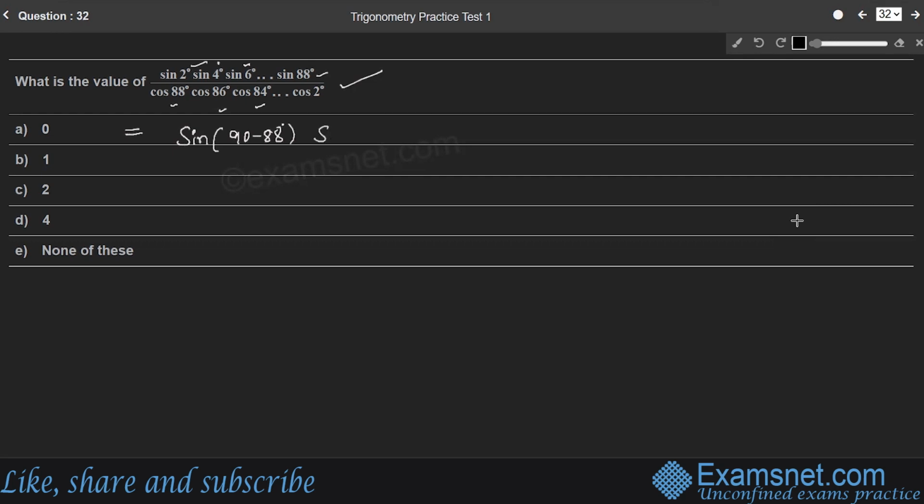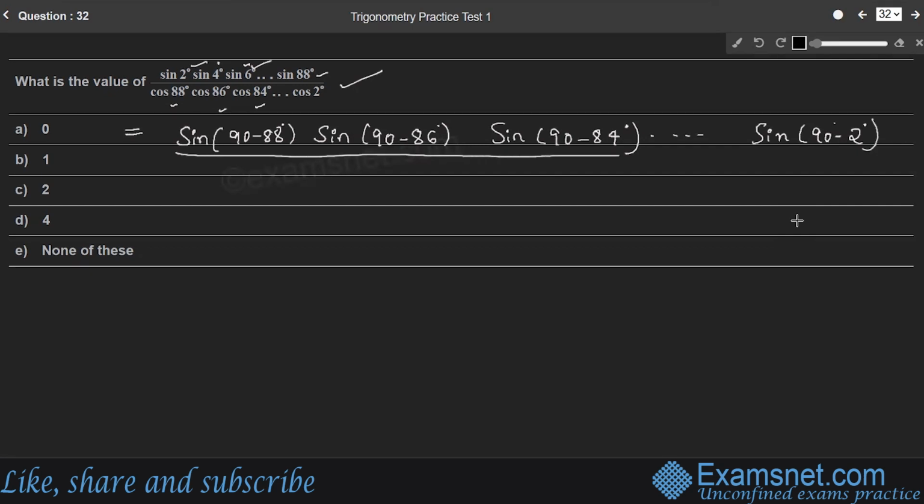Whereas sine 4 degree can be written as sine 90 minus 86, right? Whereas sine 6 degree can be written as sine 90 minus 84 degree, right? Like that we can write sine 2, 4, 6, 8 in terms of 90 minus theta. So up to sine 88 degree can be written as sine 90 minus 2 degrees, right?